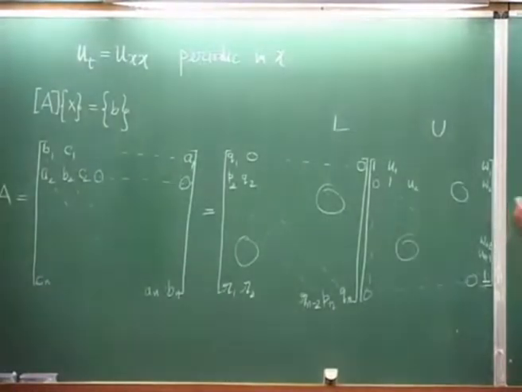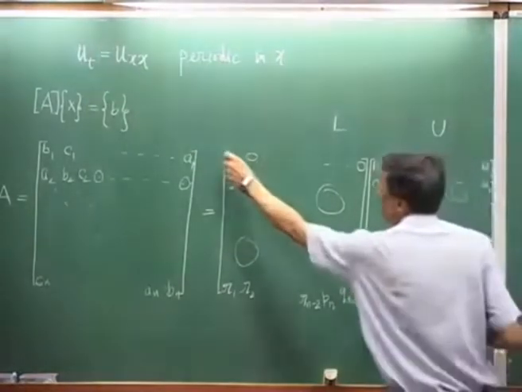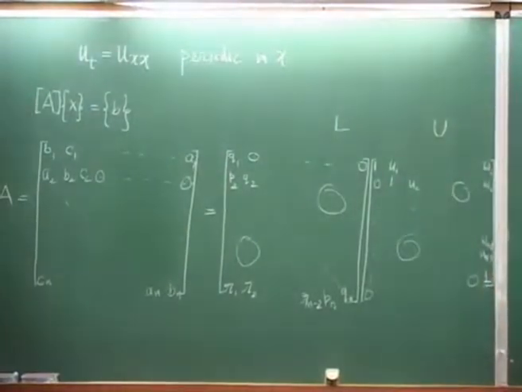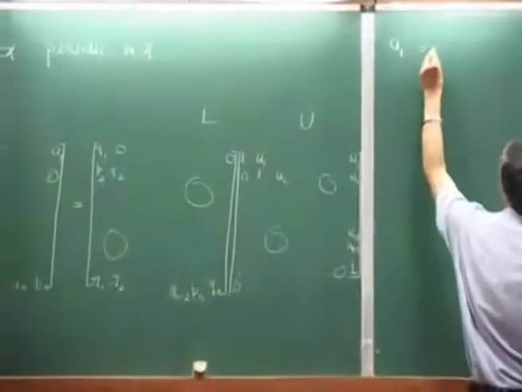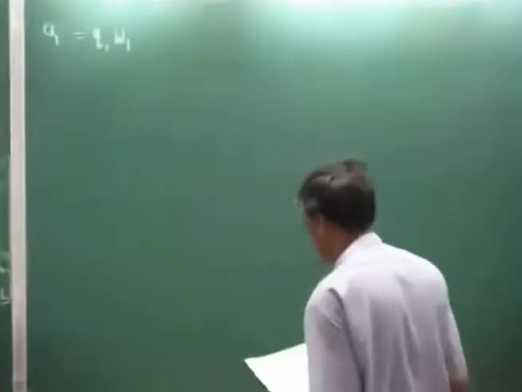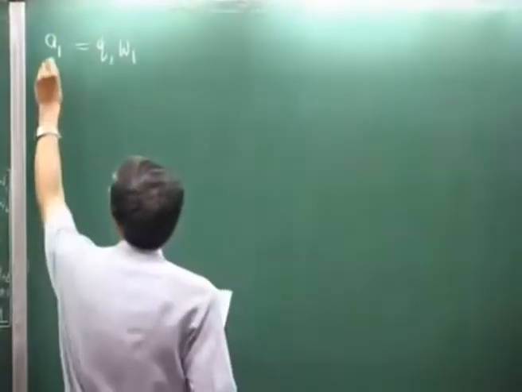As I told you, if I were to look for A 1, then of course, what should I do? I should multiply this with the last column here, and that would give me Q 1 W 1, right. So, that is easily seen. How about B 1?